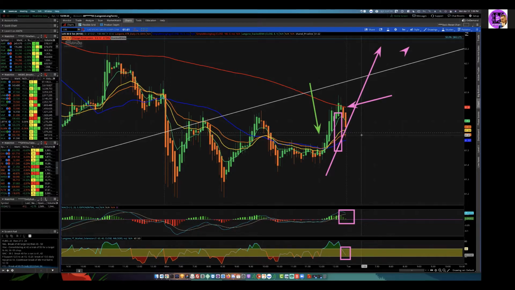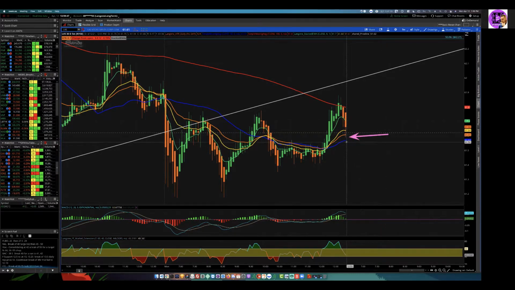There's no time frame for it. It could be 20 minutes, it could be 2 days, but the divergence does play out. So what we would look to see happen would be for price action to find support at the 34 EMA or the 50-day simple moving average for a direction back up.